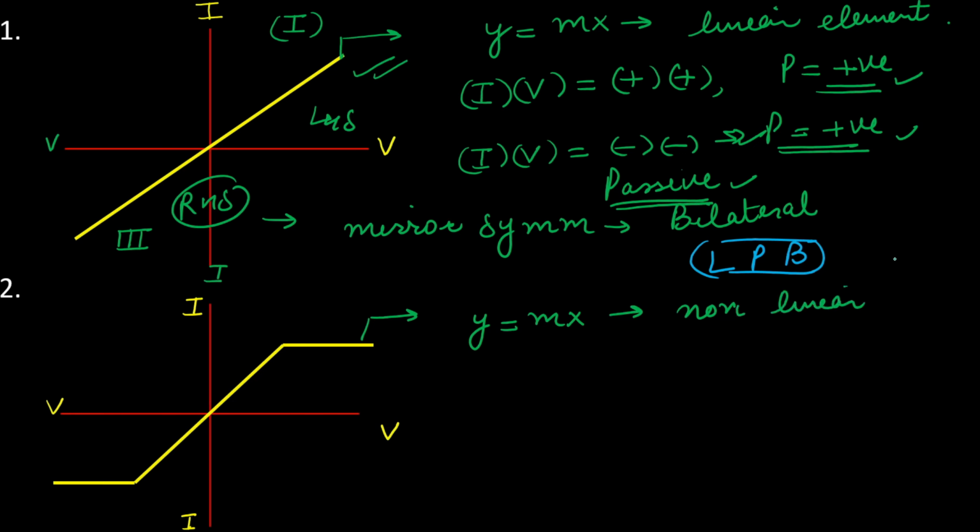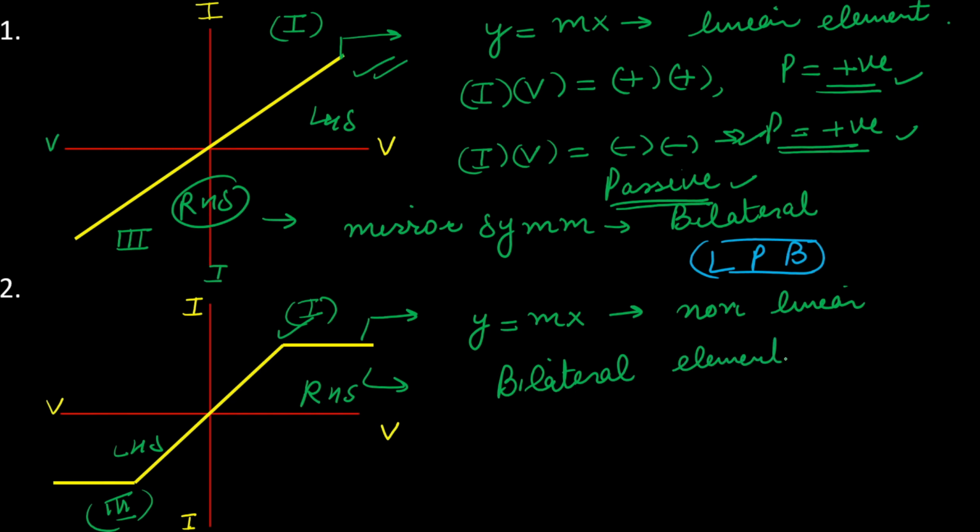Secondly, since they are following mirror symmetry, as you can see, the curve in the first quadrant as well as the curve in the third quadrant are both symmetric to each other. It means that this particular element is a bilateral element.